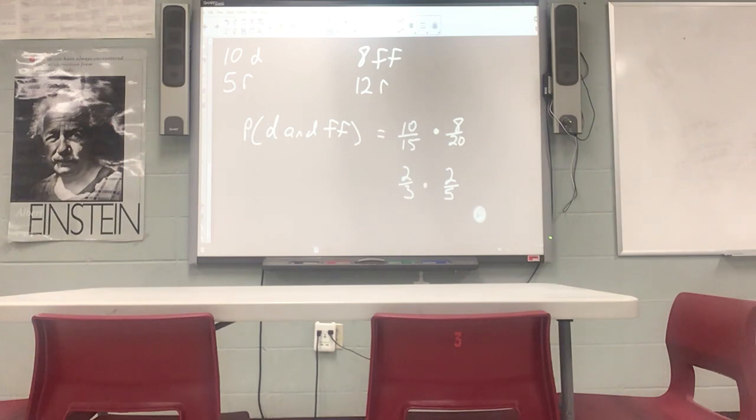So it's an and. We multiply across the top, multiply across the bottom. That doesn't reduce. So the probability of getting a diet drink and fat-free chips is 4 out of 15. You would be at almost 27% if you wanted to put it as a percentage.